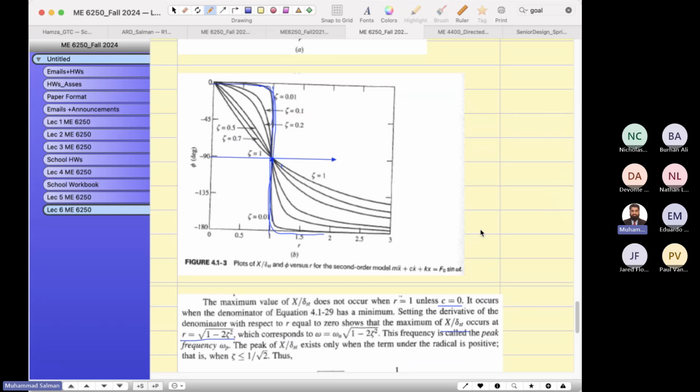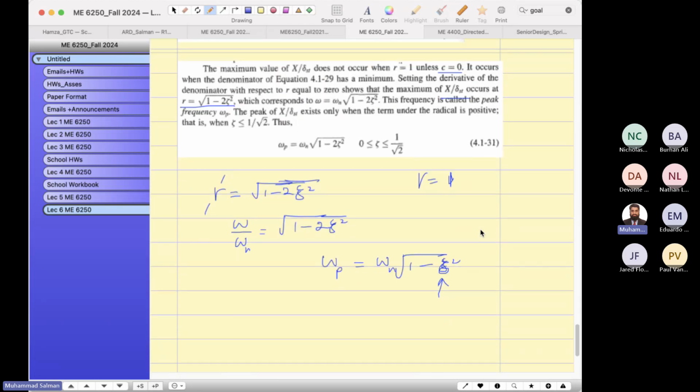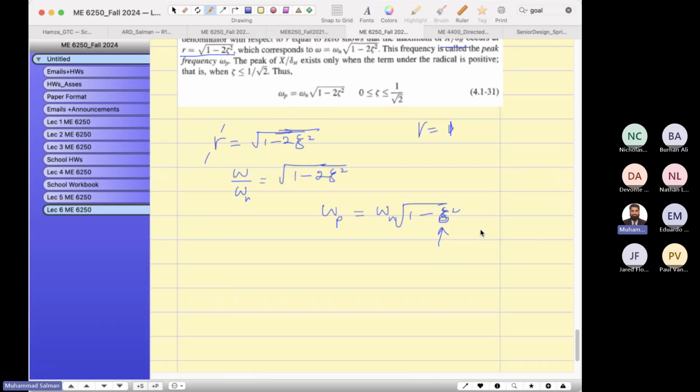That's a good point. Actual resonance happens when zeta equals to zero. But when you have zeta damping coefficient involved, then this is the frequency omega p, which is less than omega n, the natural frequency. That is a little bit smaller.